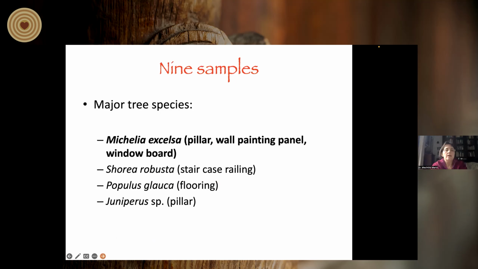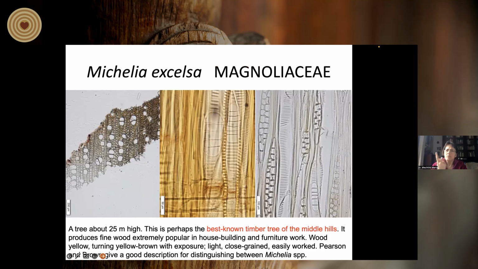Okay, so this Michelia excelsa was also mentioned by one of the people I met over there, and he said that it is the best known timber of the middle hills, and it produces very fine wood.